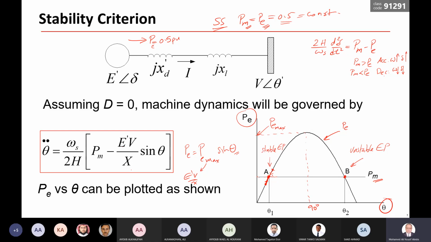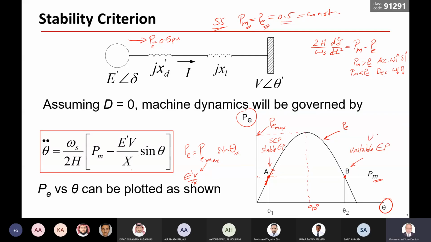So with any small disturbance around A, the machine will be back to its original state. Is it clear? Yes, doctor. So point A is called stable equilibrium point, SEP.